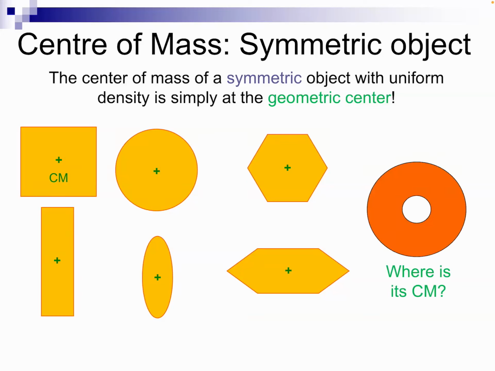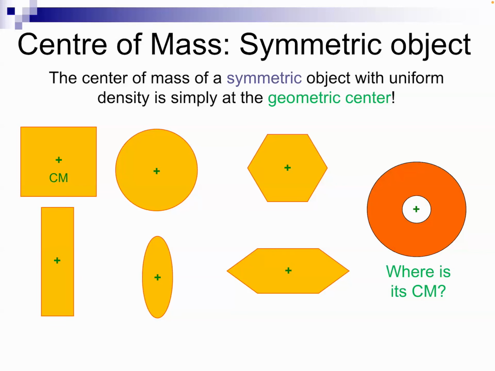Can you tell me where you think the center of mass of this ring will be located? So it's a hollow ring. So this one is solid and that's hollow. Yeah, it is symmetric. It's a symmetric object.